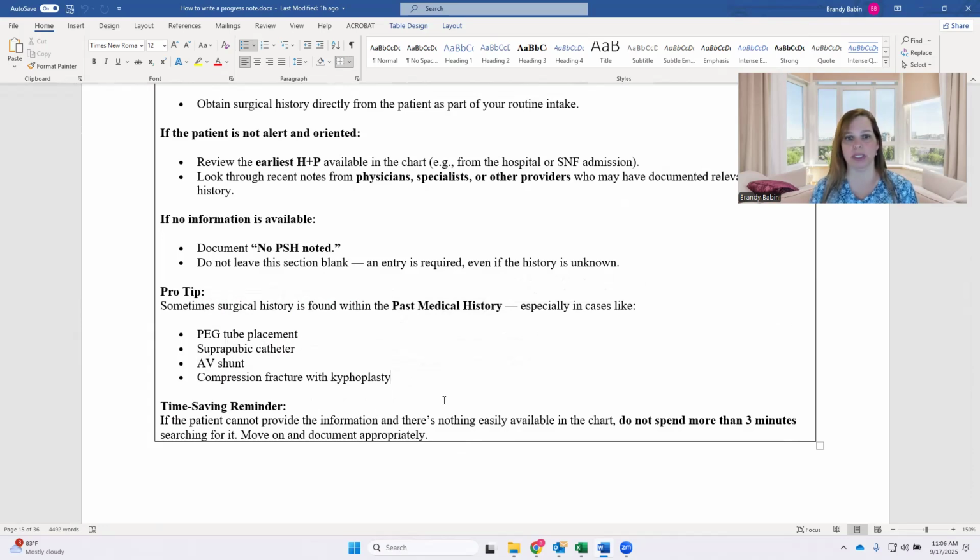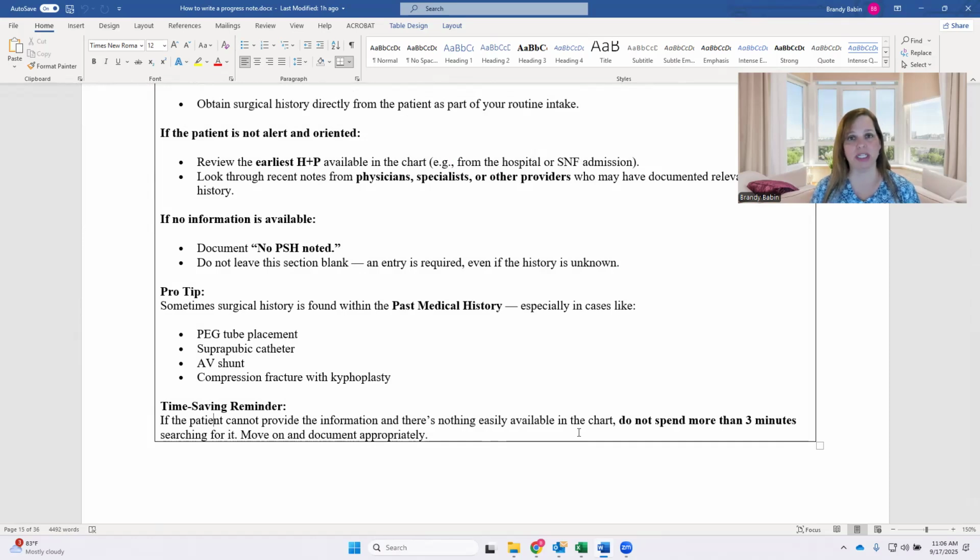So it's usually there. That being said, if the patient cannot provide the information and there's nothing available in the chart, don't spend more than 3 minutes looking this up. So I don't want you to tell your RVP, it took me 4 hours to do one note because the patient has dementia and I searched 85 documents.